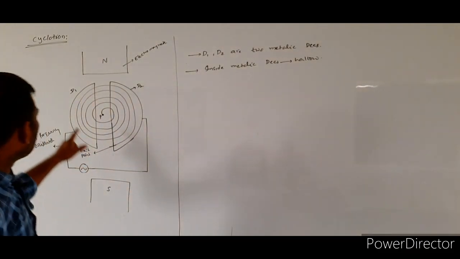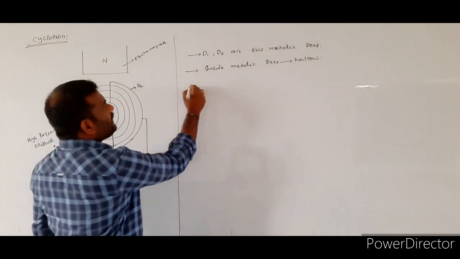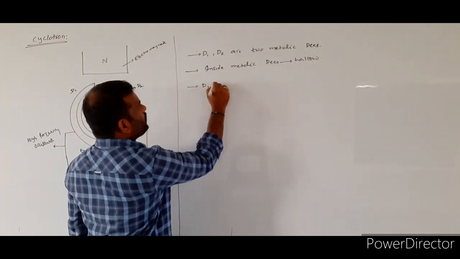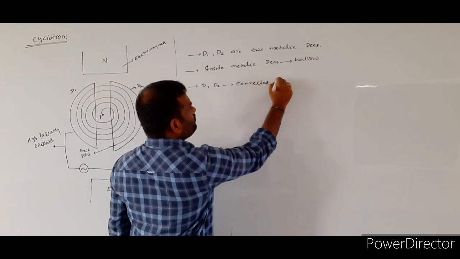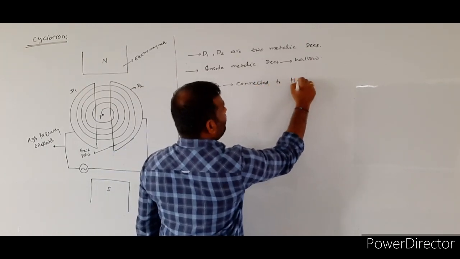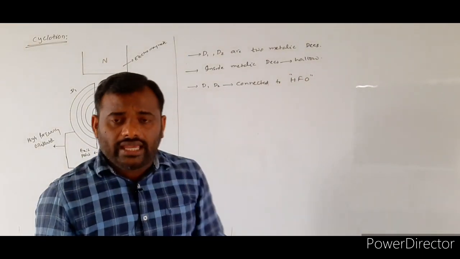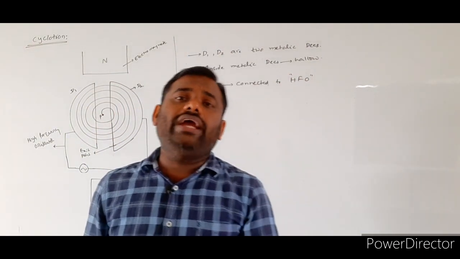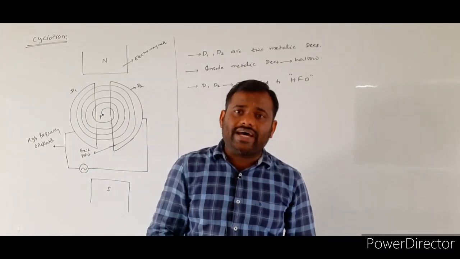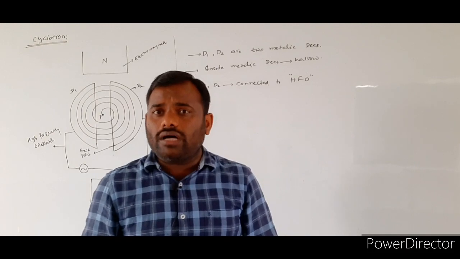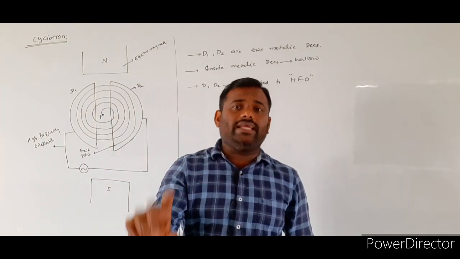And these two metallic discs D1, D2 are connected to a high frequency oscillator. That means to produce the electric field, a source is needed. That's why these metallic discs D1, D2 are connected to the high frequency oscillator AC source.